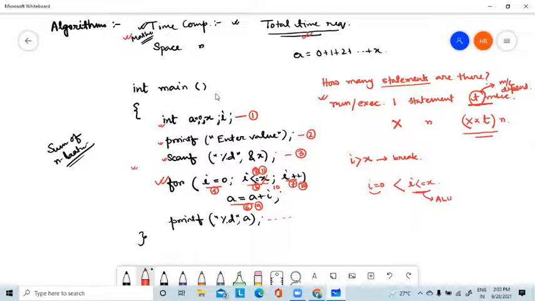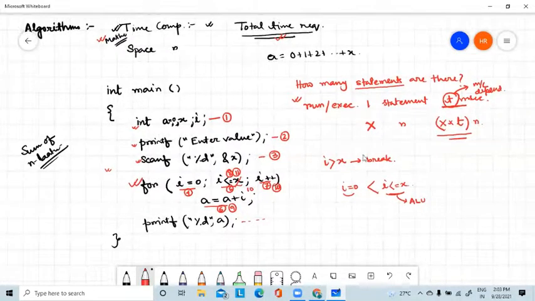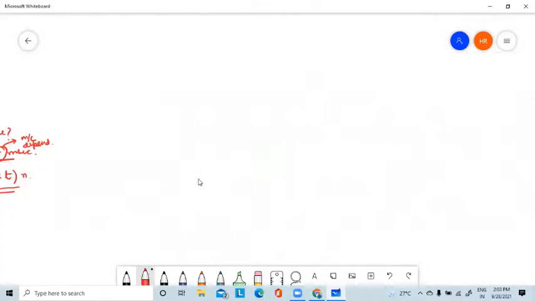This mathematical representation or calculation is called asymptotic notation. Okay, this mathematical representation of time complexity is represented by some mathematical formulation which is called asymptotic notation.